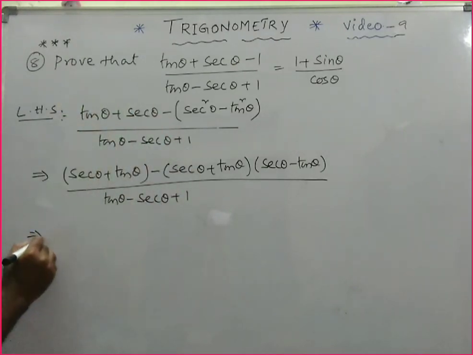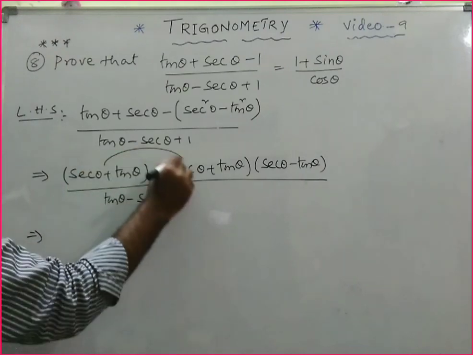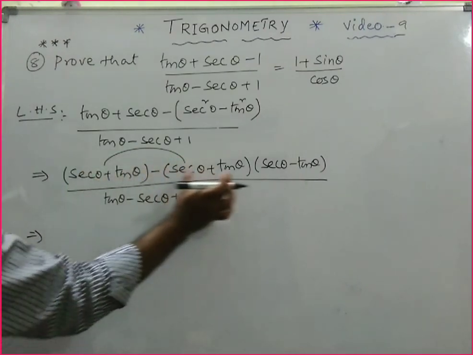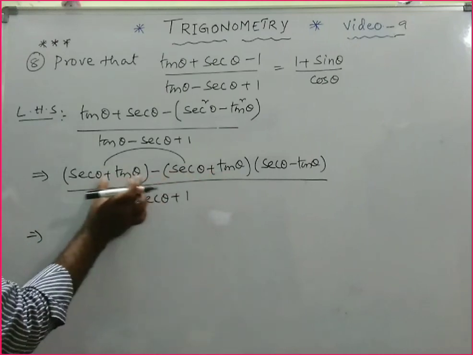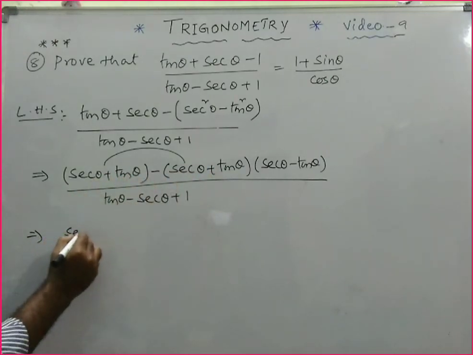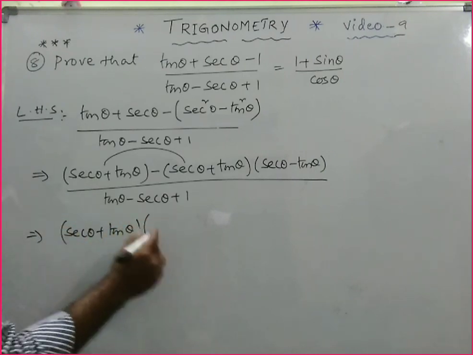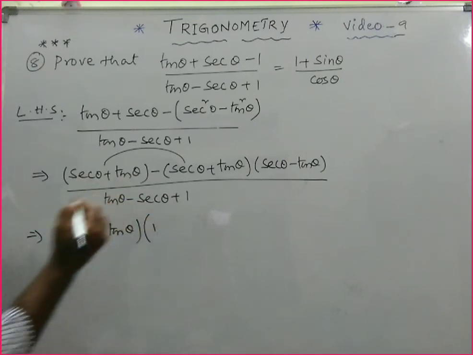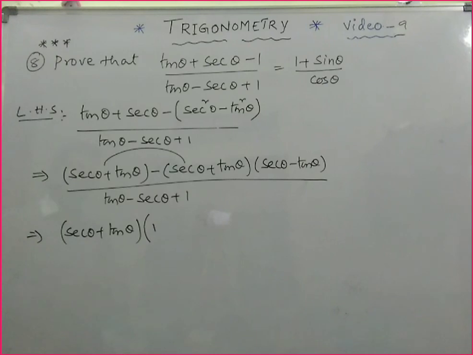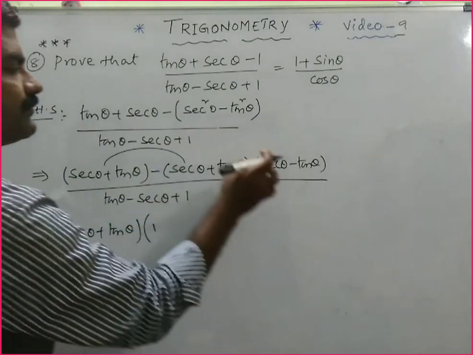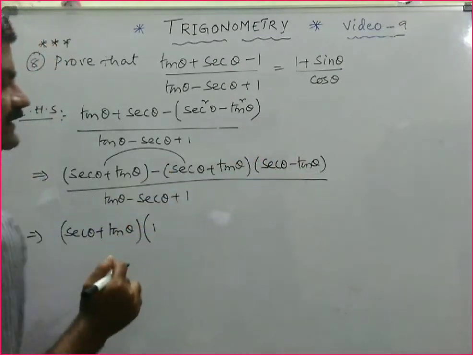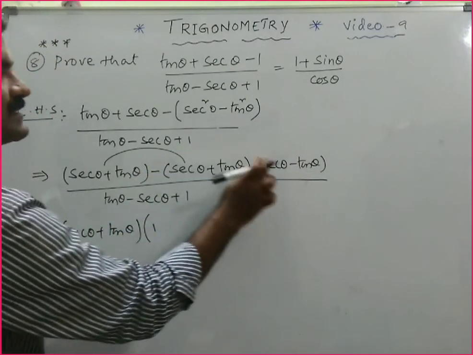Right. Now this is common in first term and second term. This is secant plus tan is common. So let us take secant theta plus tan theta common. Then in the first term, after taking that common, leftover is only 1. And minus of secant theta minus tan theta. So let us multiply with minus this one.